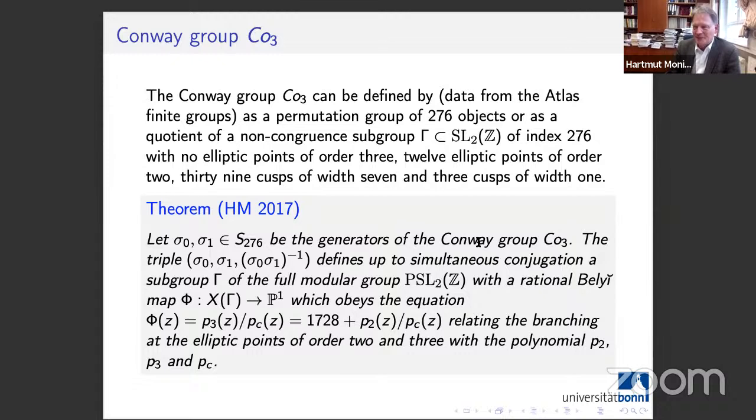Somebody else from the younger people might have an idea of how to go about it, but I have no idea of how to obtain that. So at the moment, I have no idea of how to reduce this Belyi map to a Belyi map over Q in the end. So one has not yet solved the inverse Galois problem for Conway 3 over the integers. So that's my conclusion for today.